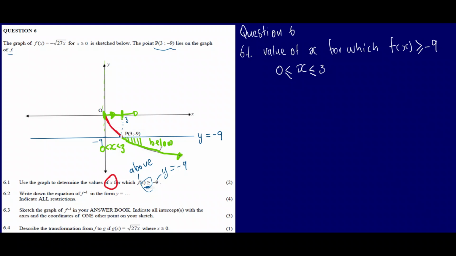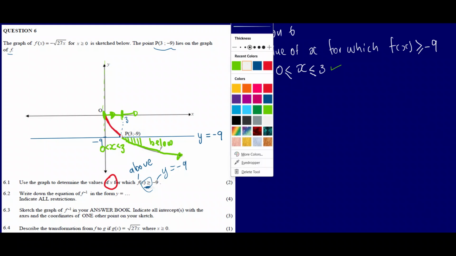But on this one, if it was a log function, we were not going to include 0. I think you know what I'm talking about there, because you must have watched videos or tried to solve this question for an exponential. But for this kind of question, this would be the response.